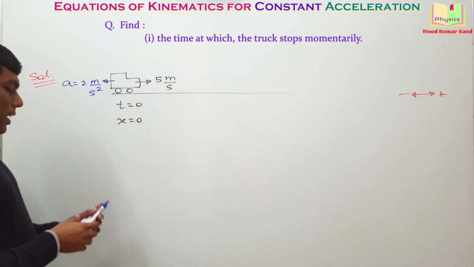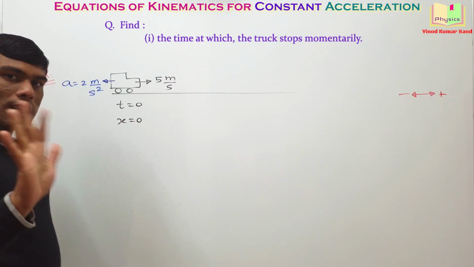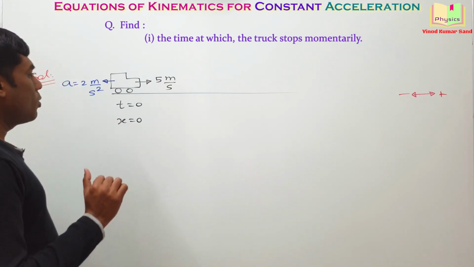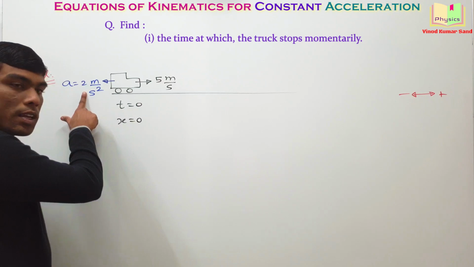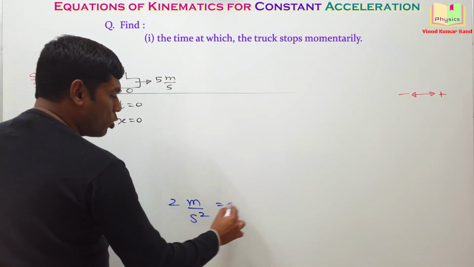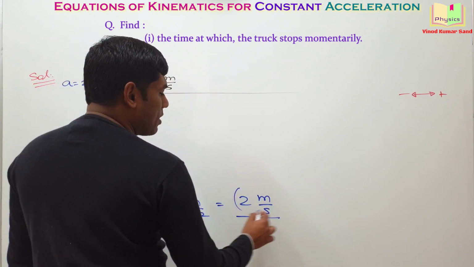The first question is asking when the particle will stop momentarily. This can be done using the equation or directly. First I am doing it directly. What is the meaning of 2 meter per second square? It should be read as 2 meter per second every second.